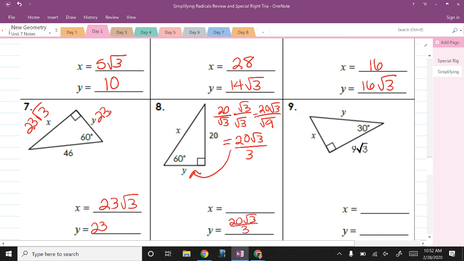Now, if you know the short leg, how do you get the long leg? You double it, right? Well, all you have to do basically is double the numerator number. Okay? So what's 20 times 2? 40. Because if I multiply this fraction by 2 over 1, I would multiply the 2 times the 20. Y'all see that? So I'm just kind of saving a step. So the hypotenuse will be 40 radical 3 over 3.